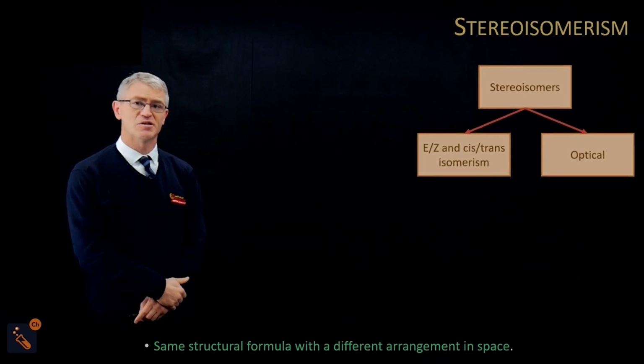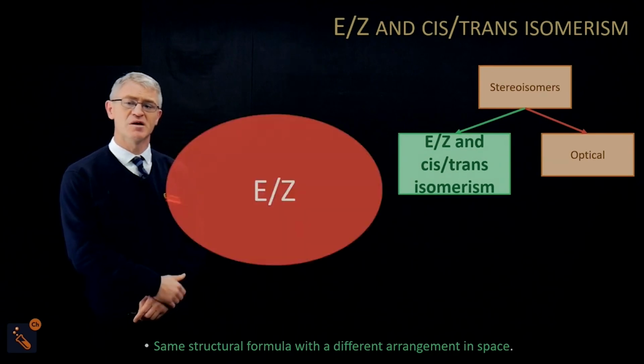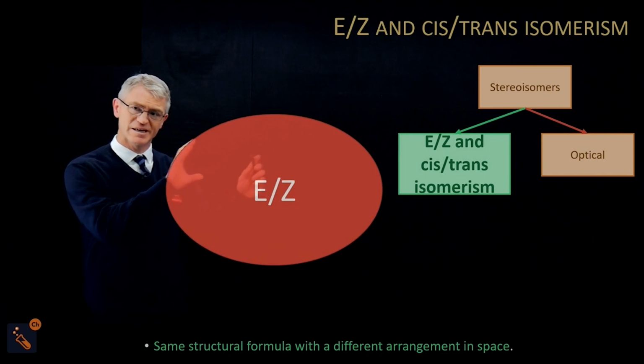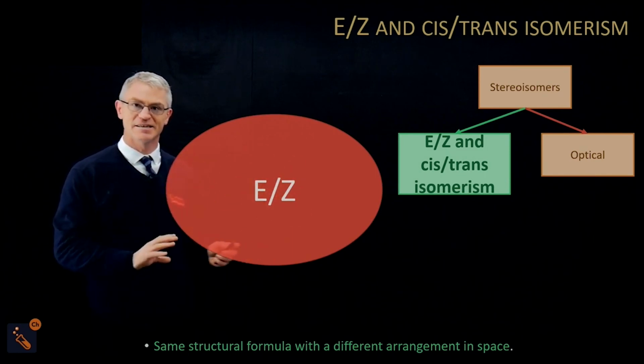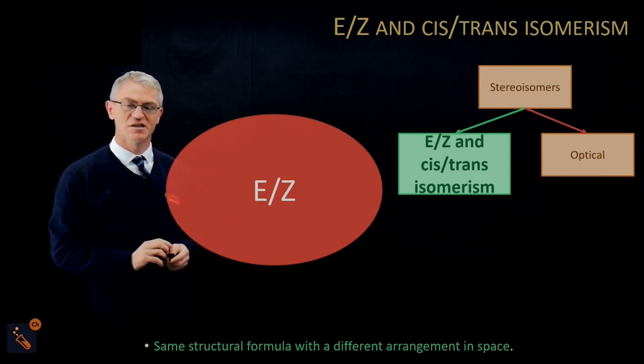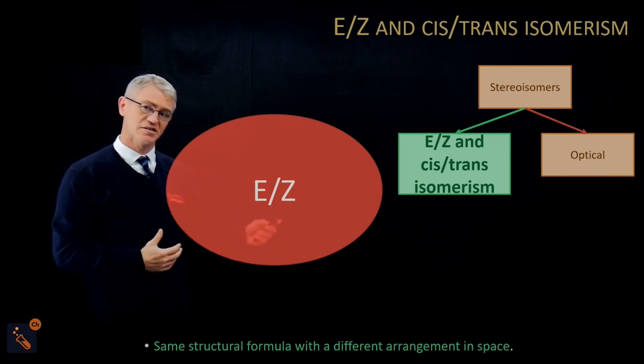So let's focus on the bit we're going to do today, EZ cis-trans. And we're going to go over some examples. But before we do that, let's talk about EZ and cis-trans and what they mean. So everything has an EZ label, and we'll talk about these EZ labels and how we name compounds and molecules later in this video, but everything can be EZ.